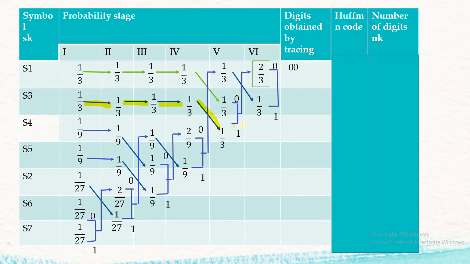Here one bit is added, that bit is 0, and from there it will again move in the upward direction towards 2 by 3, and then we have a 0. So what comes out to be the value while tracing? Here no values are there, here one value is there, that is a 1, the first value, and the second value which is added is a 0. So the digits obtained by tracing are 1, 0.